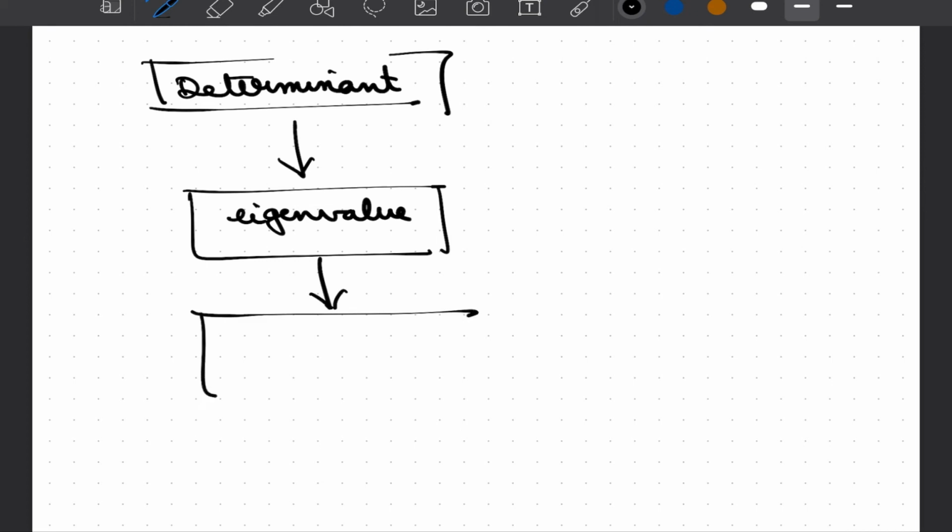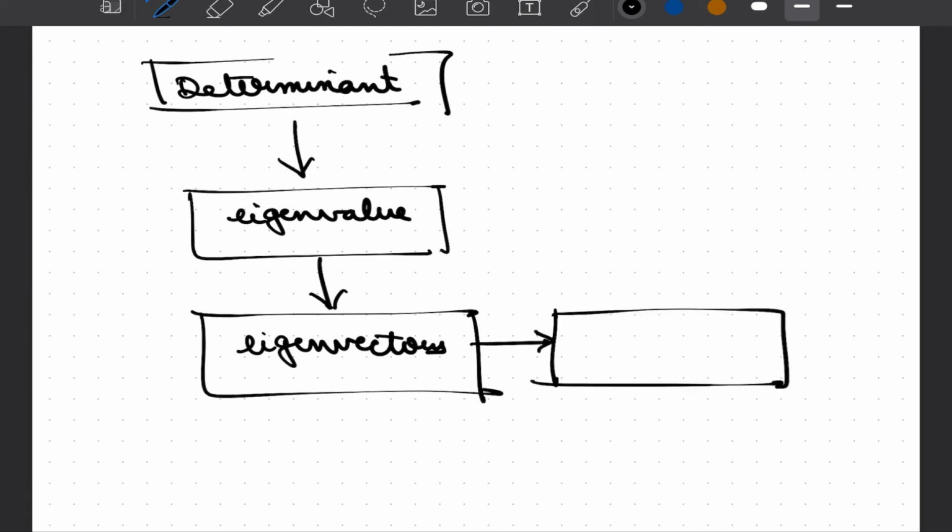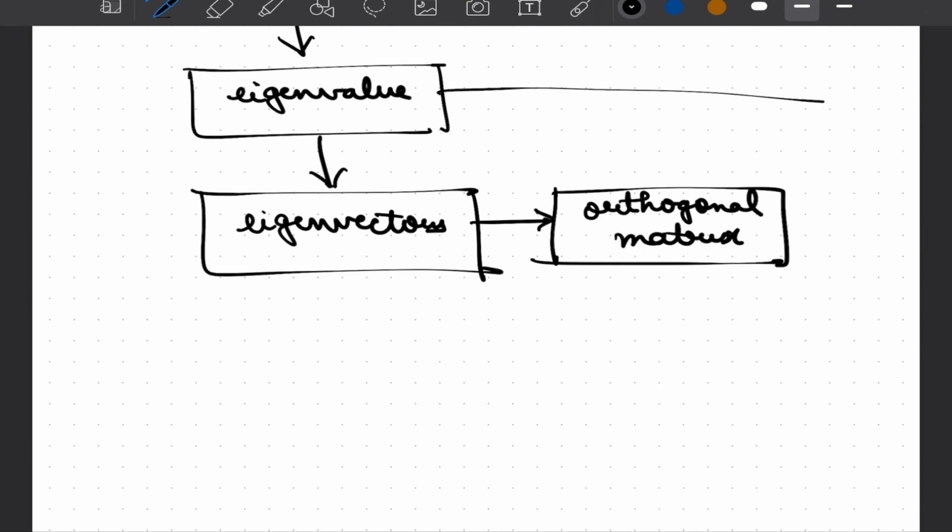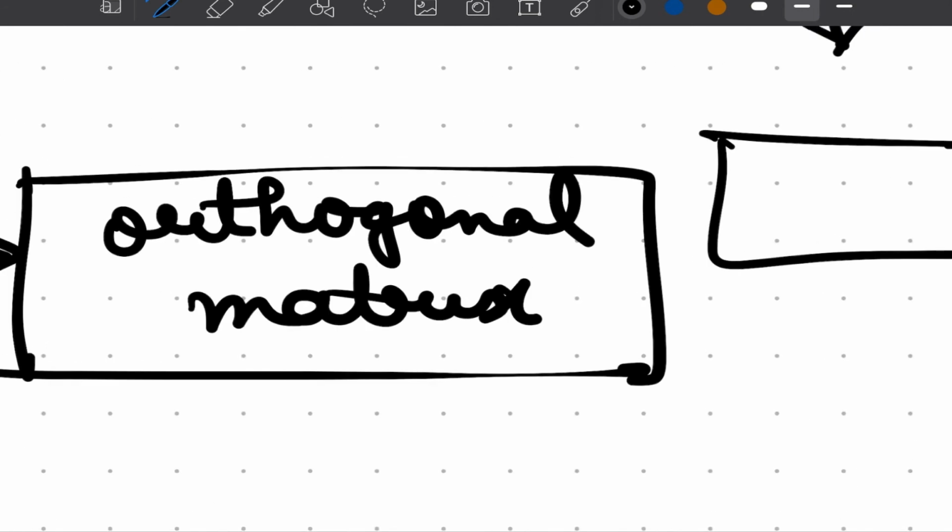Once we know the eigenvalues, we will use the definition of eigenvalues to determine the eigenvectors. We will see that for certain matrices, these eigenvectors construct an orthogonal matrix. We have already spoken about orthogonality in the context of vectors, so we will extend that discussion to our matrix space.